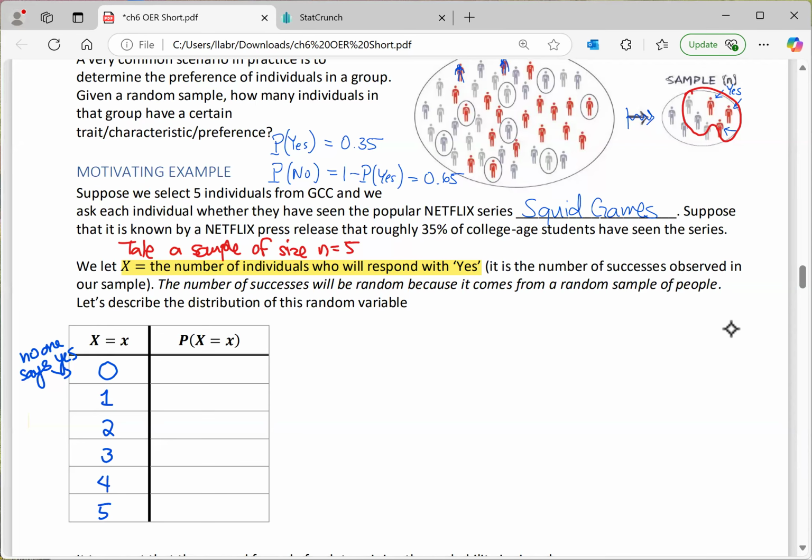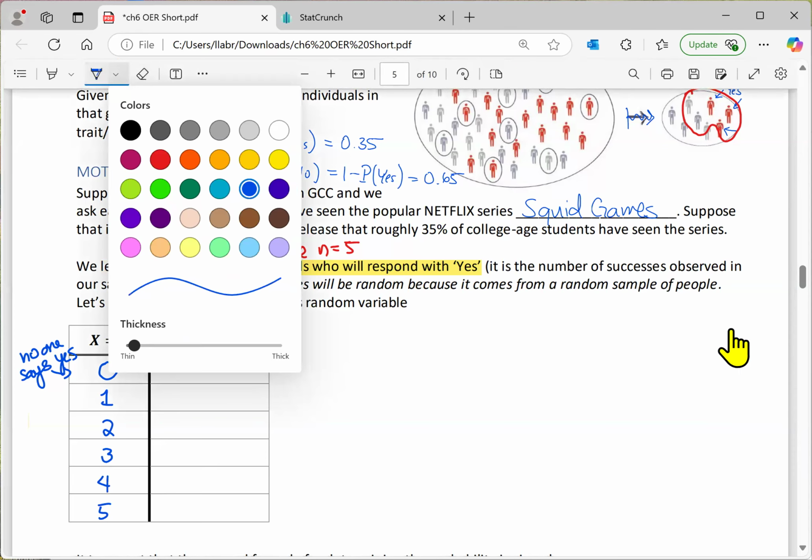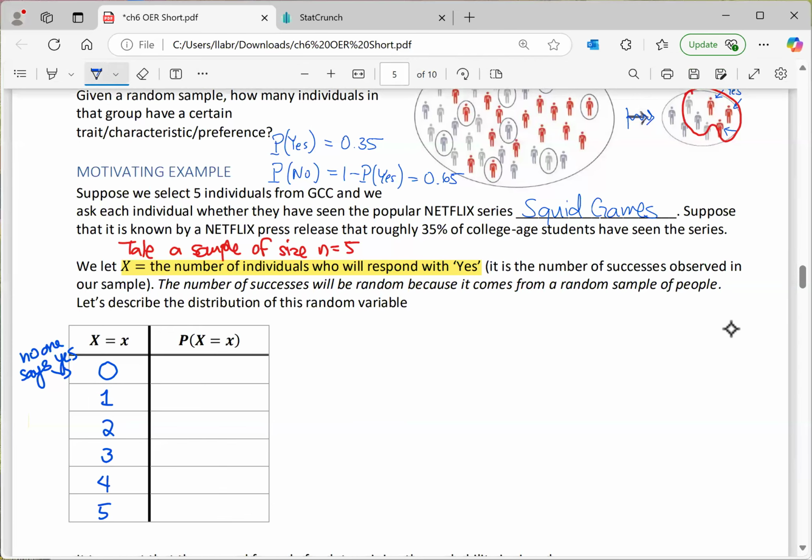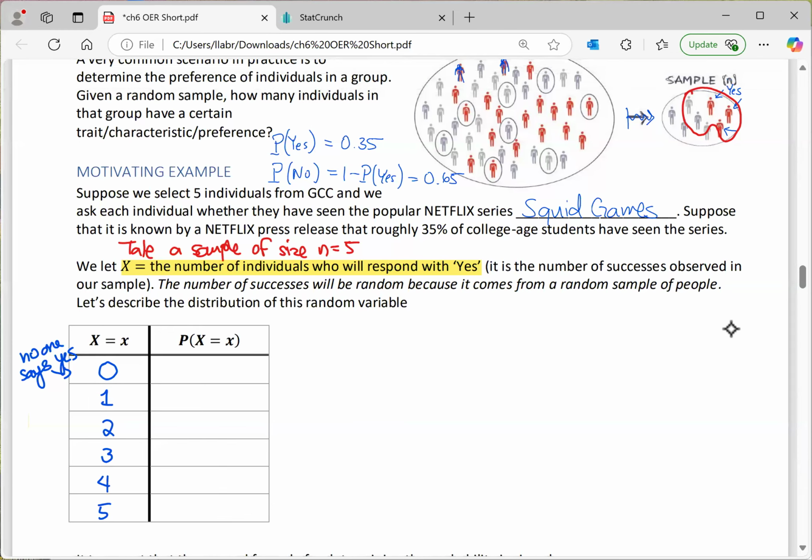Okay, so we're almost done there. We've got our possible values. Now let's go ahead and find the probability. And this is where it gets a little bit hard. So we're only going to do it for 1 or 2 of these. So if your random variable is 0 for the sample of size 5, in other words, the probability that the number of people who respond with yes is 0, that means that all of them respond with no. And this is a probability that we can find.